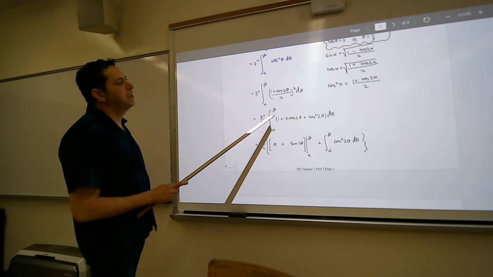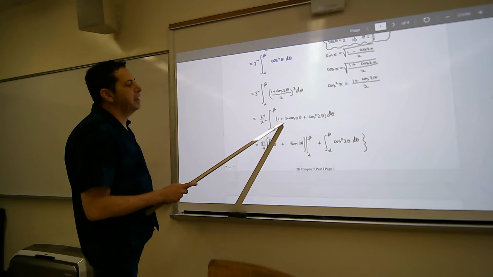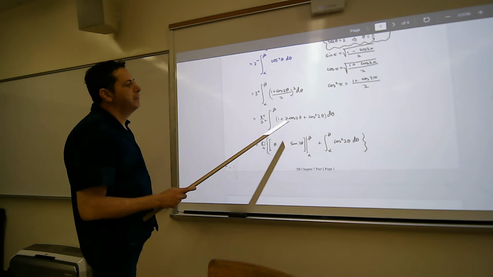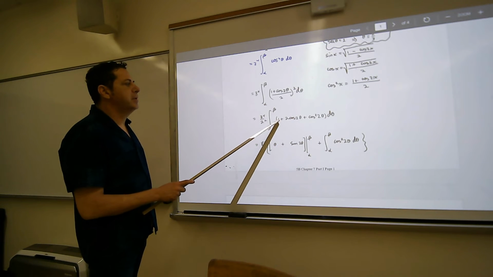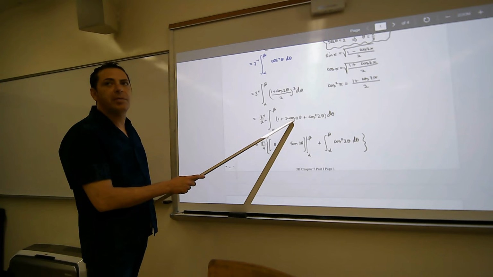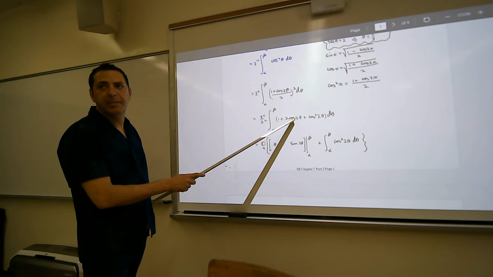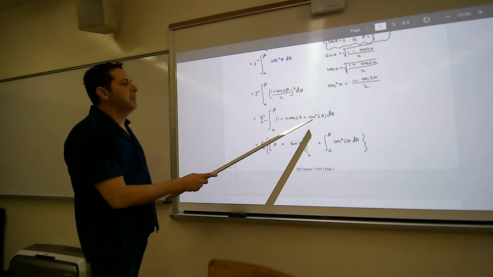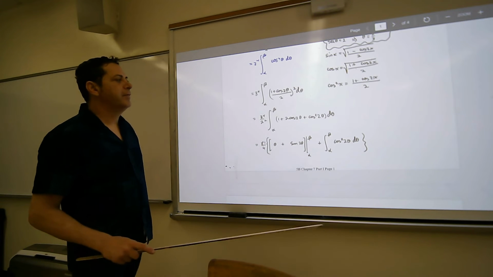Okay, so I'm going to square that out first. I can do this one, no problem. I can do that one, no problem. And that one I'll use the half angle formula for.